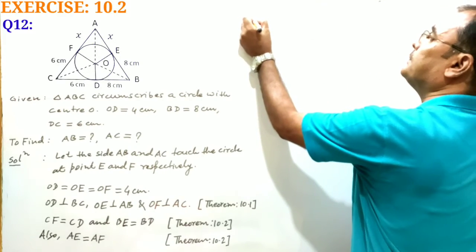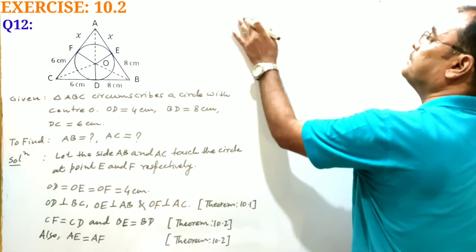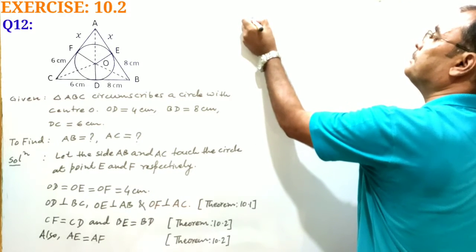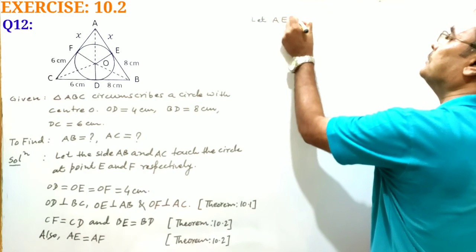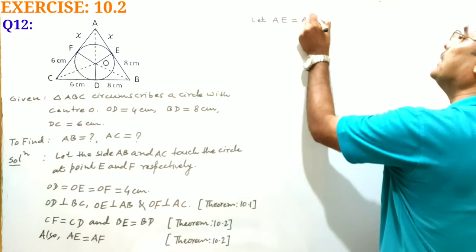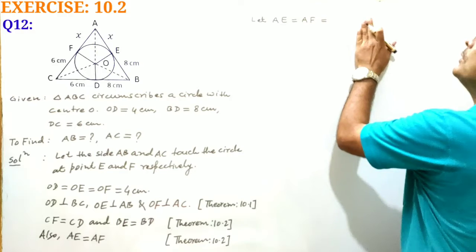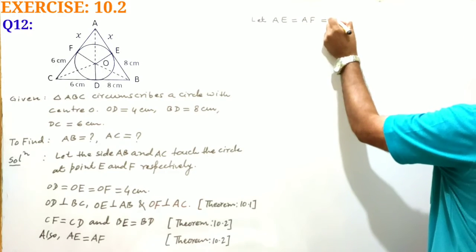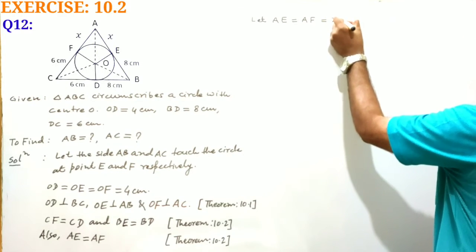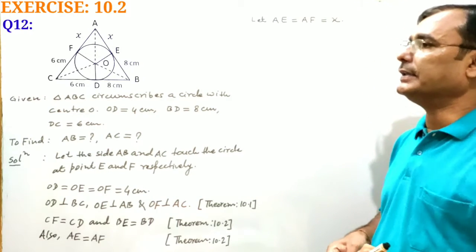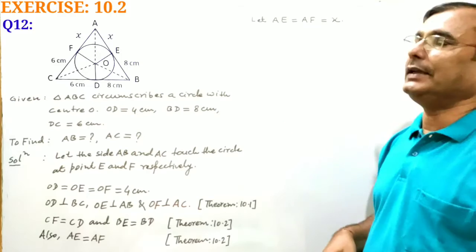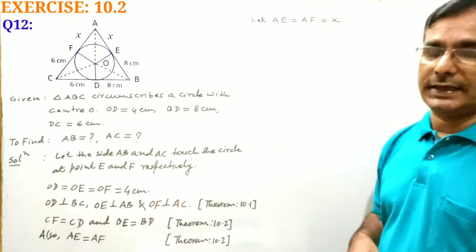Now let AE equal to AF be equal to x. We are supposing that equal tangents AE and AF is x.